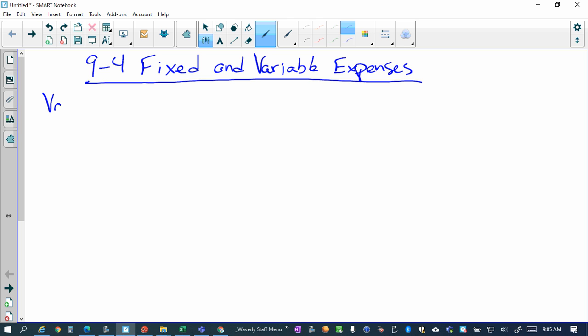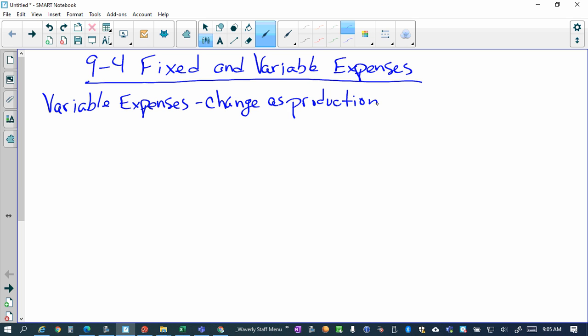Variable expenses. They change as production increases or decreases. These are expenses that change as production increases or decreases.